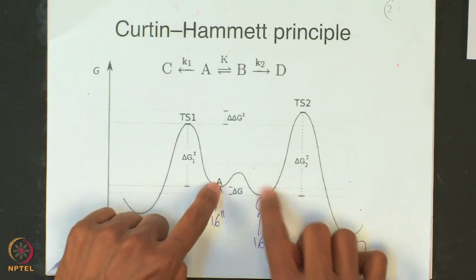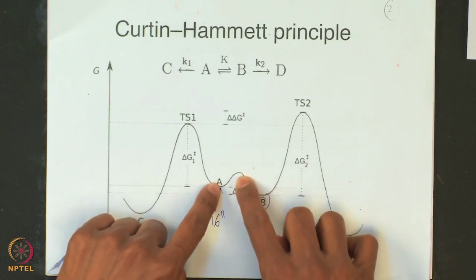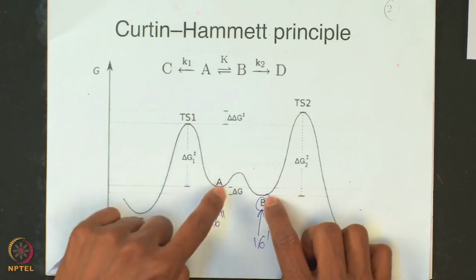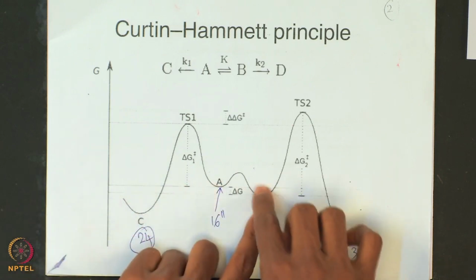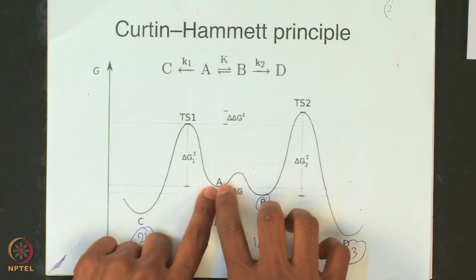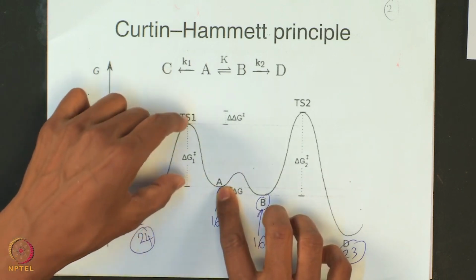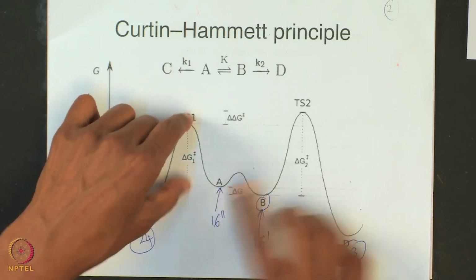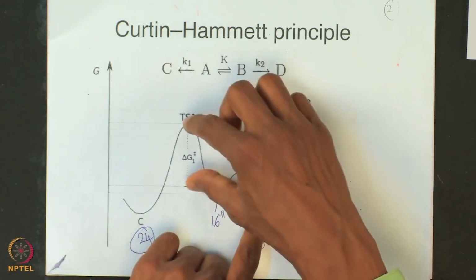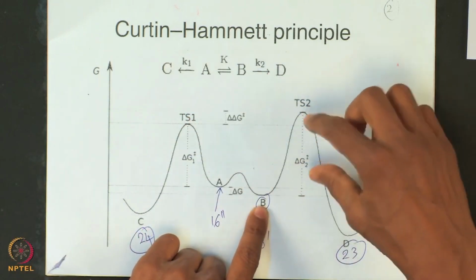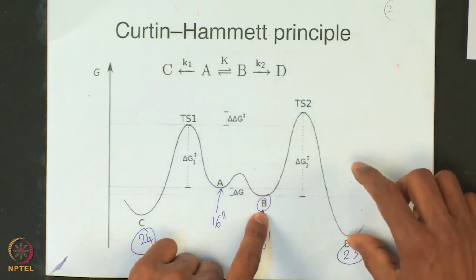Under that situation, and this energy barrier is very less, B can always go back to A, and then A to C product formation, that is the lower energy requirement compared to the subsequent B to D formation.